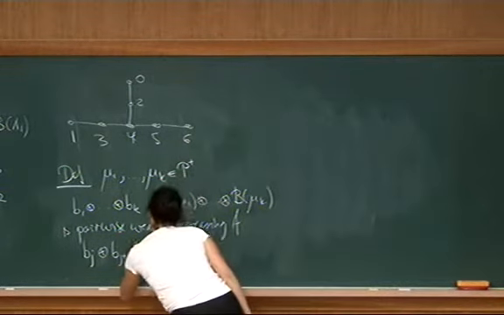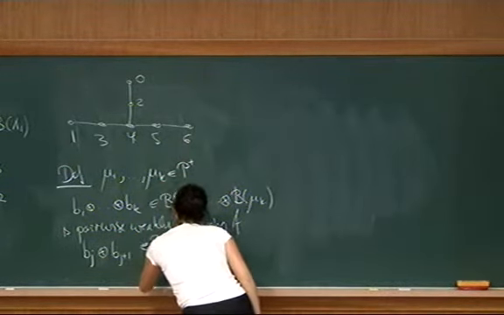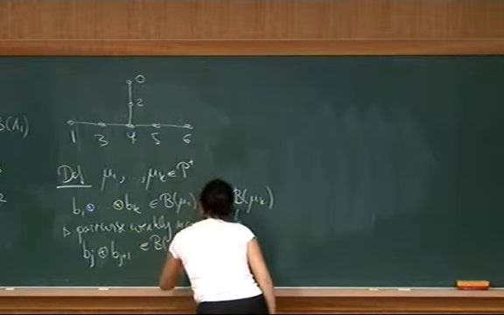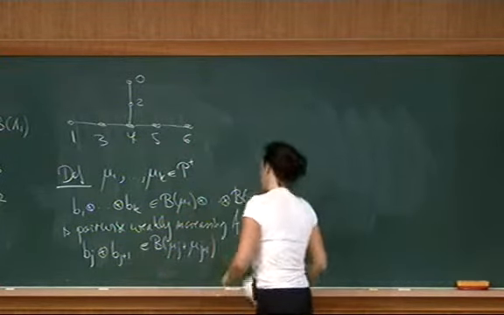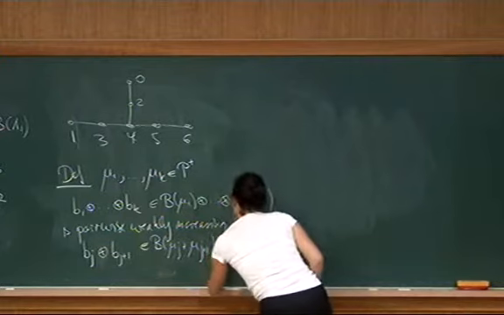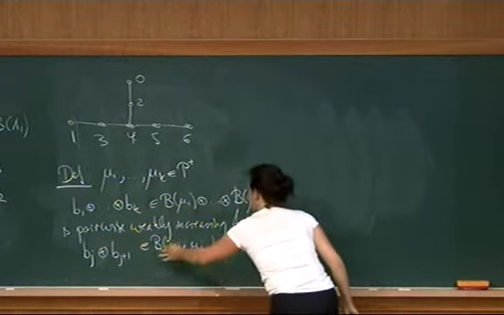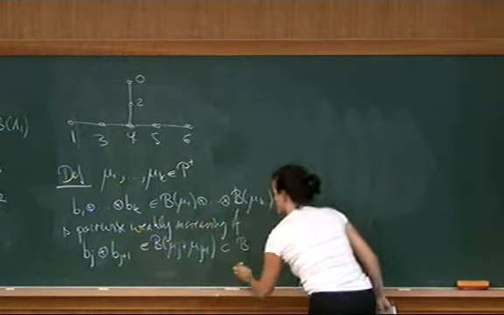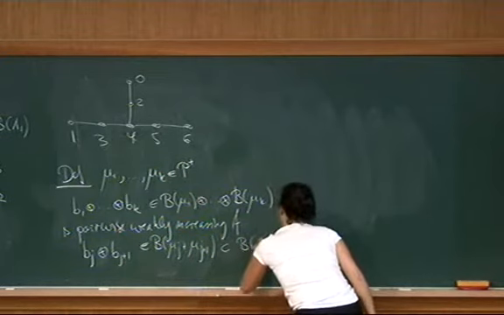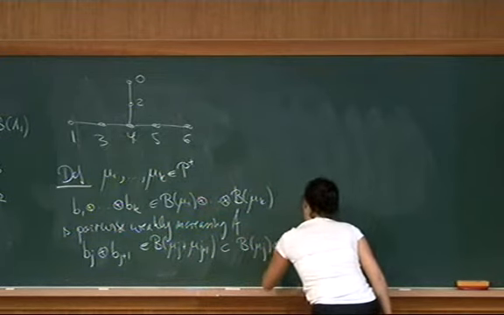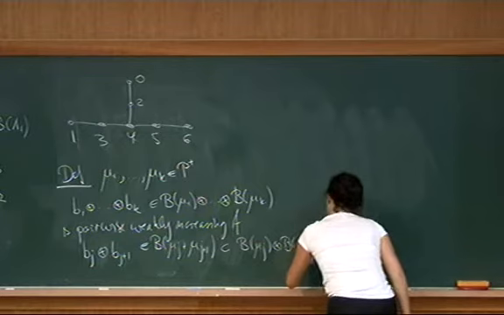So this should be B of mu j plus mu j plus 1, and that of course sits inside B mu j tensor B mu j plus 1.